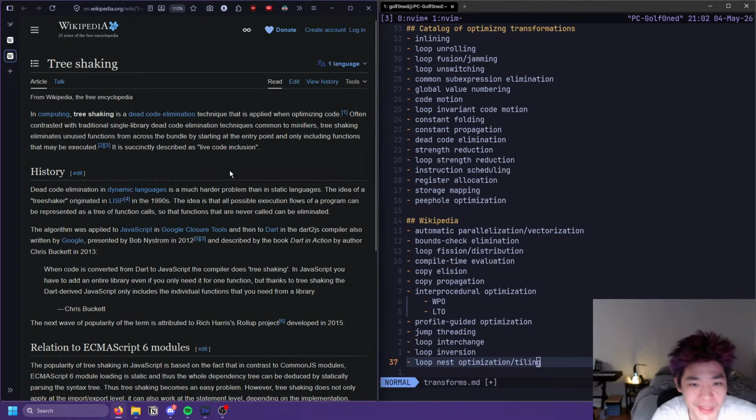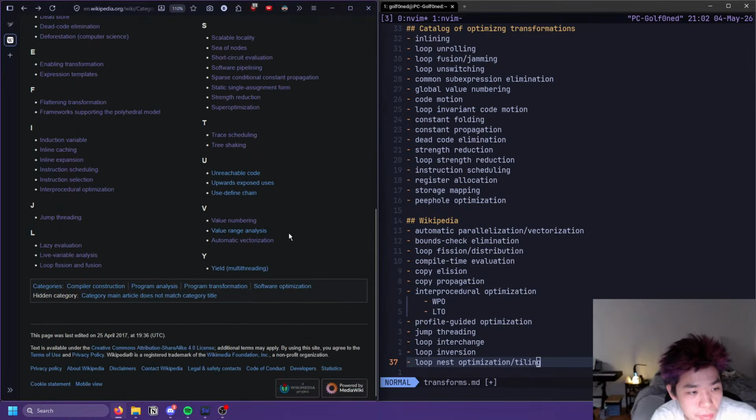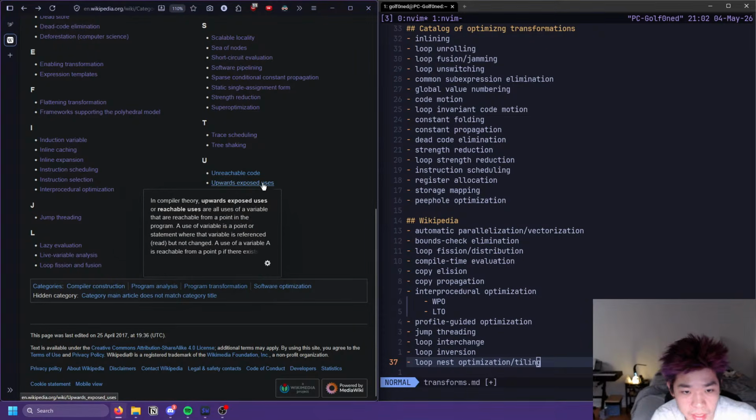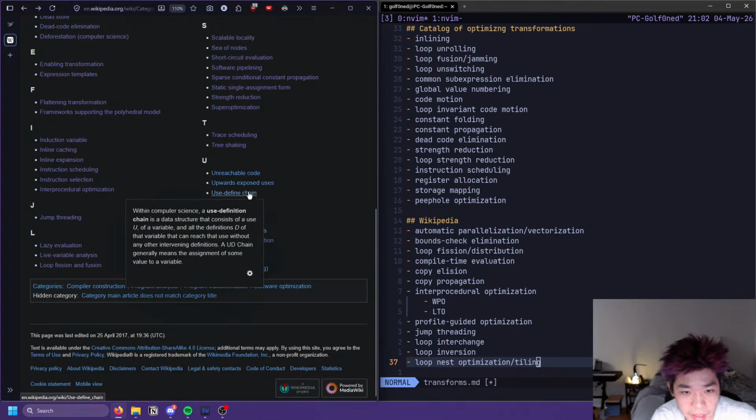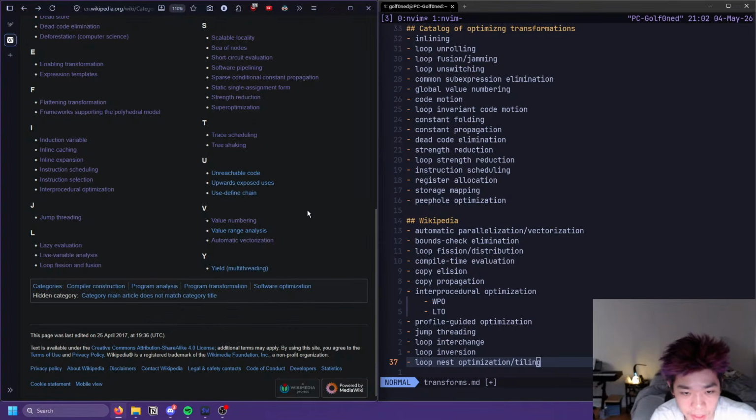Tree shaking, what are we doing? Unused functions, okay. Live code inclusion. I guess that makes sense. So this is just dead code elimination, okay. That's not an optimization. That's not an optimization, but that's a really cool thing that I will present about eventually.